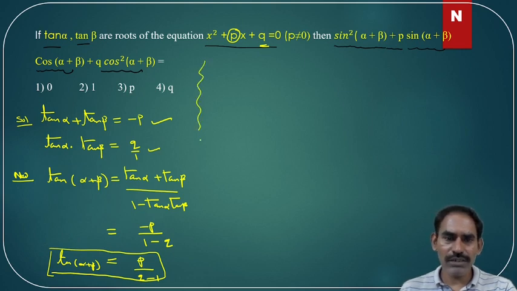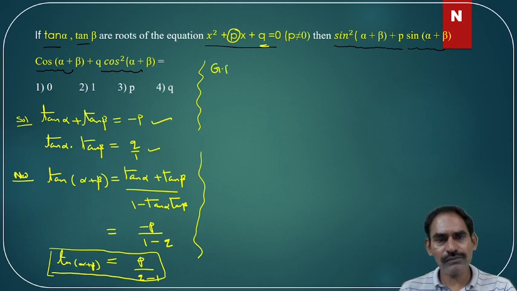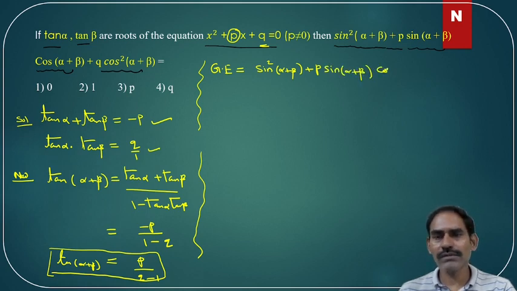So the given expression equals sin square (alpha plus beta) plus p into sin(alpha plus beta) into cos(alpha plus beta) plus q into cos square (alpha plus beta).